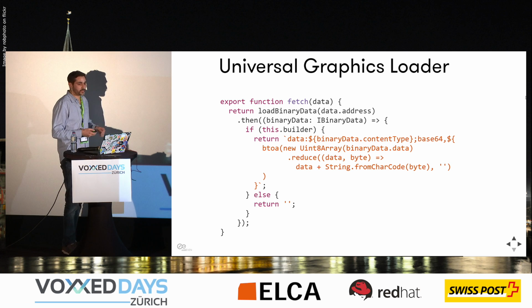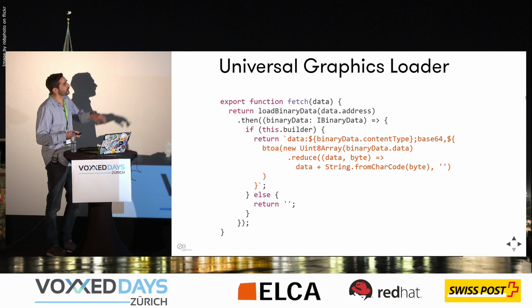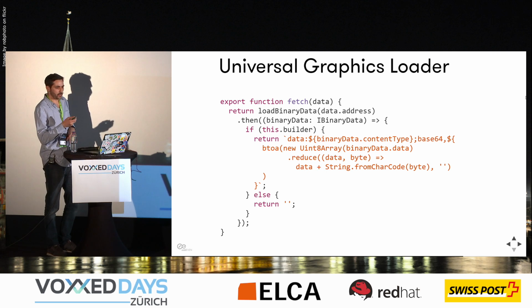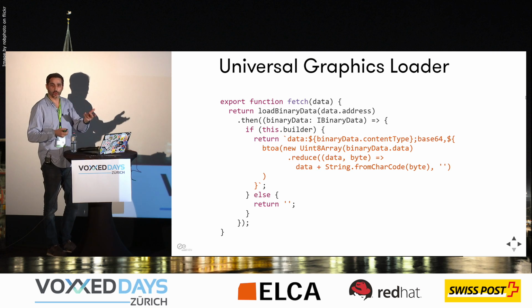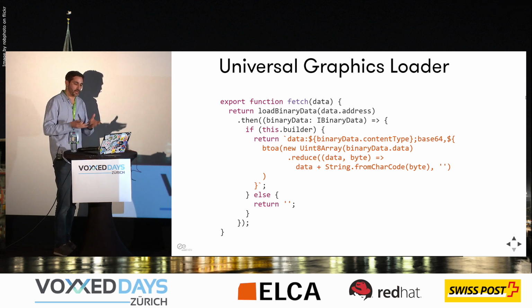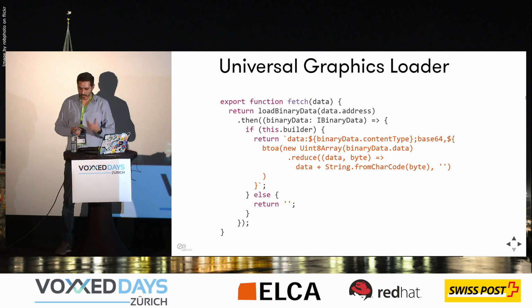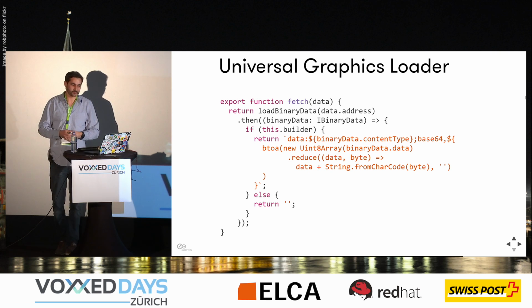So I came up with this universal graphics loader plugin, which uses a little utility function that I've created, load binary data, which works on Node and in the browser to load an array buffer from a file URL. So like this, you can load the binary data of a file URI.